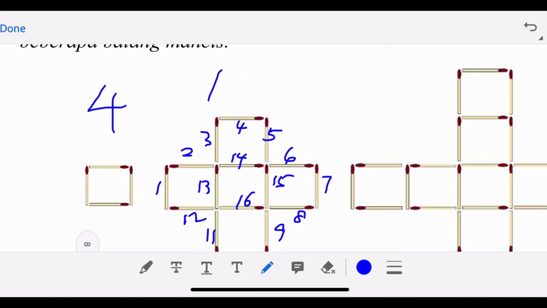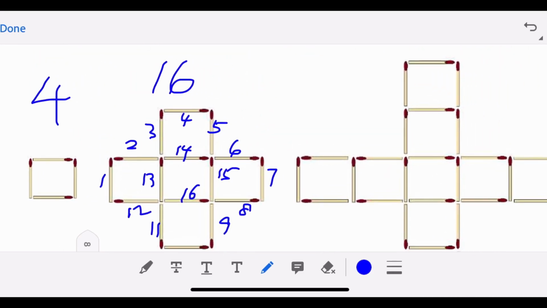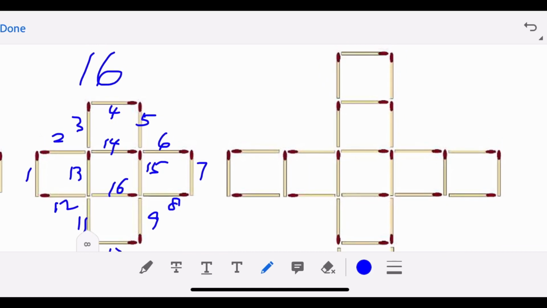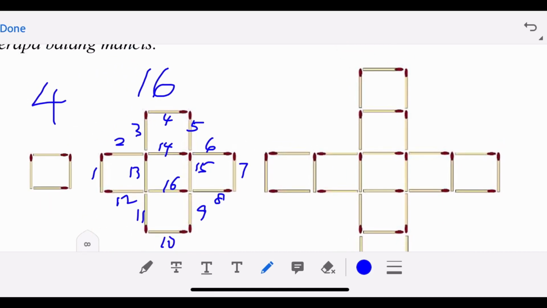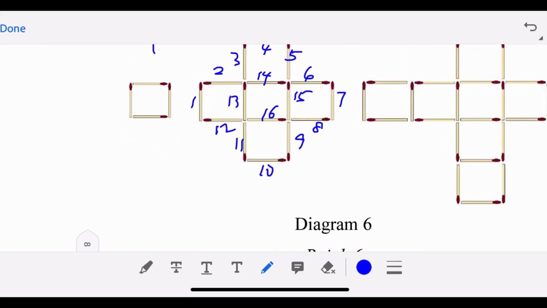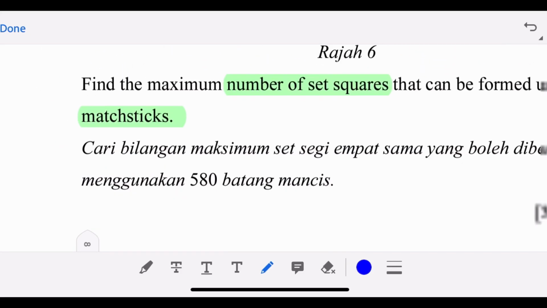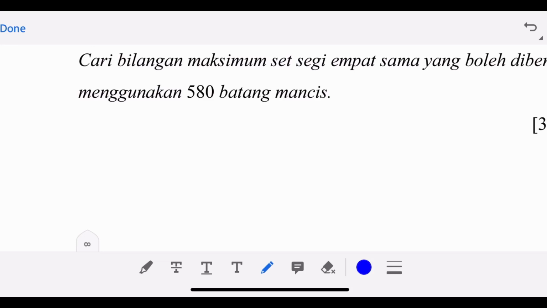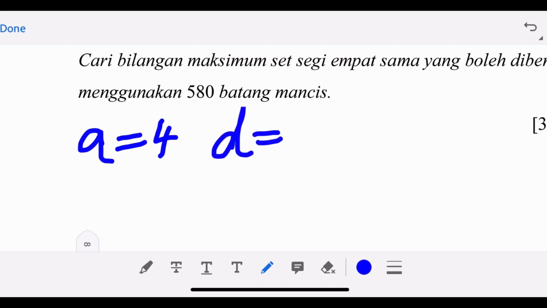So you have 16. Okay, so the second term is 16, and then the third term, you should know there's a difference of 12, so it's 28. So basically when you do AP or GP, you need to list out the first 3 terms, then only you can figure out the difference or the ratio. So the difference is actually 12.